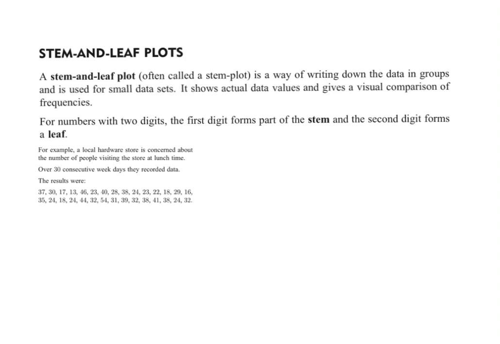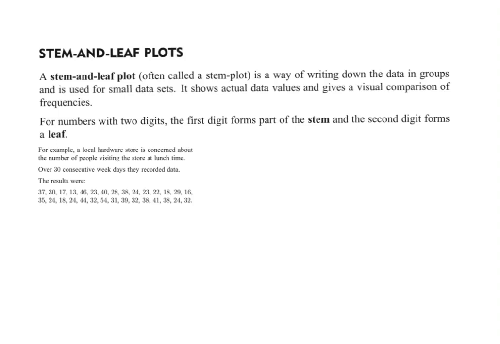Another way to represent grouped discrete data would be stem and leaf plots, but we typically want to use these when using small data sets because it shows actual data values and gives a visual comparison of frequencies. To do a stem and leaf plot display, you need to have numbers with 2 digits, or that's what we typically use.